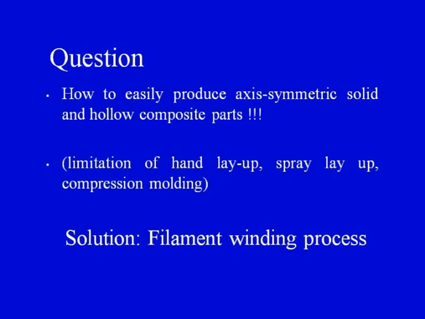So, axisymmetric components can be made by the filament winding process. On your screen you can see the solution to the limitations of the processes that we have already discussed: the filament winding process.